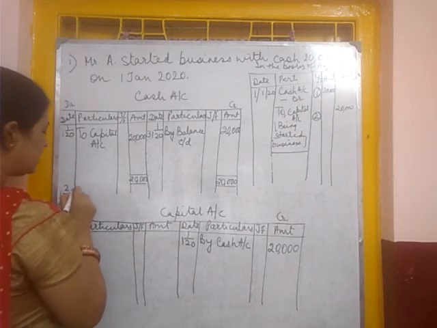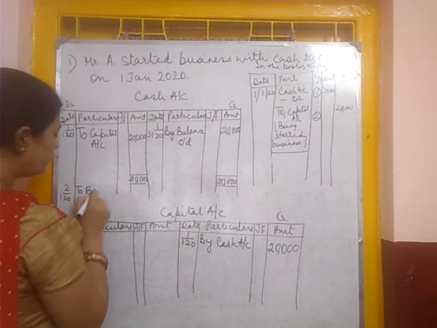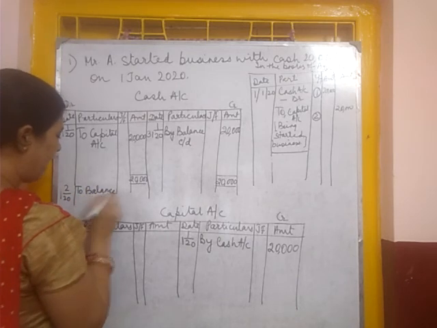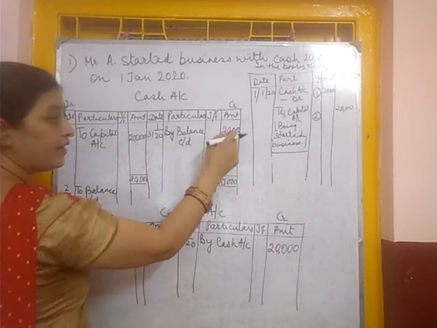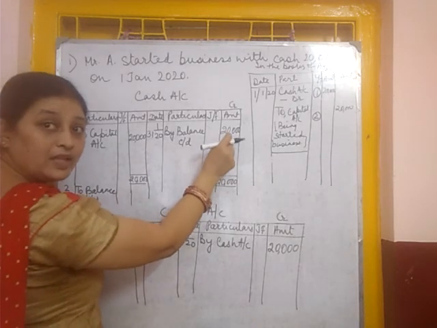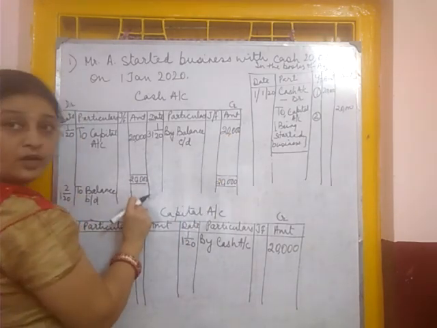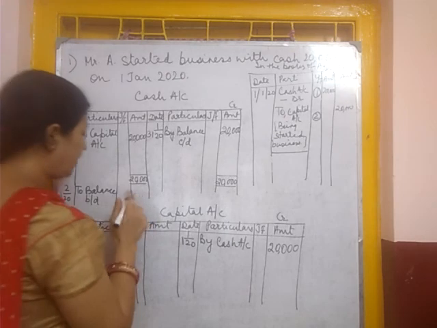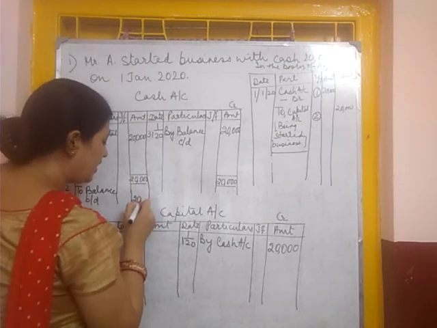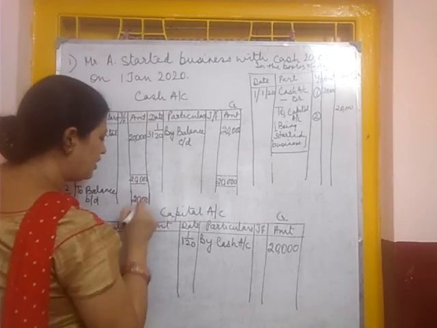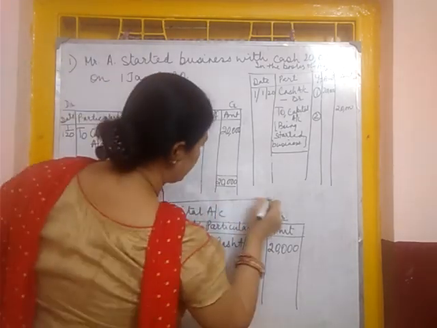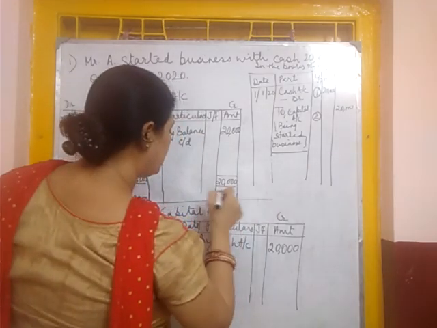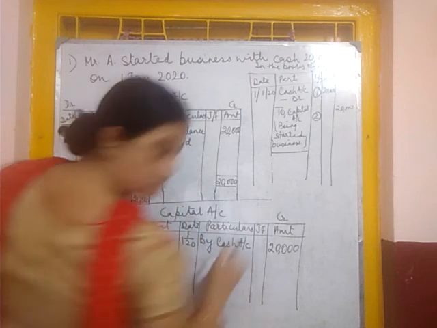We will write to balance b/d. How much? This 20,000 will be brought forward over here. So we will write 20,000. Okay. Now this ledger is closed.